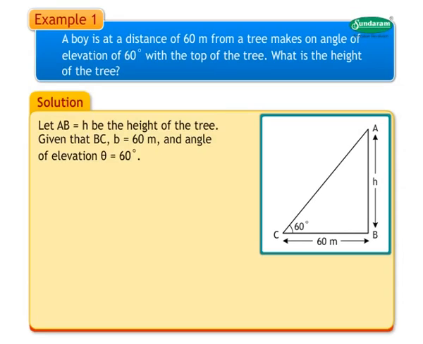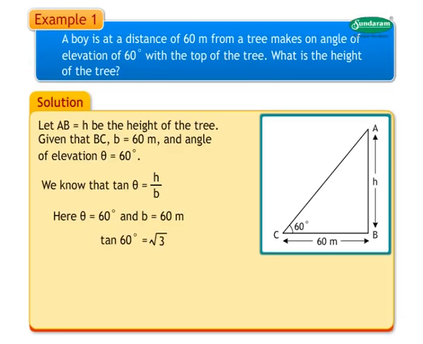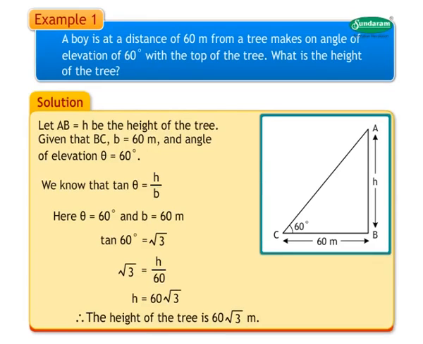Given that BC, B, is equal to 60 meters and angle of elevation theta is equal to 60 degrees, we know that tan theta is equal to H upon B. Here, theta is equal to 60 degrees and B is equal to 60 meters. Tan 60 degrees is equal to root 3. Root 3 is equal to H upon 60. H is equal to 60 root 3. Therefore, the height of the tree is 60 root 3 meters.